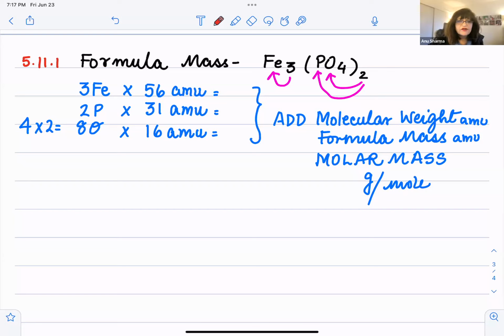For this one, 5.11, they gave you 4 problems but did not do iron phosphate, so I have done it for you. The rest of the other 3 are given, so you should practice that.